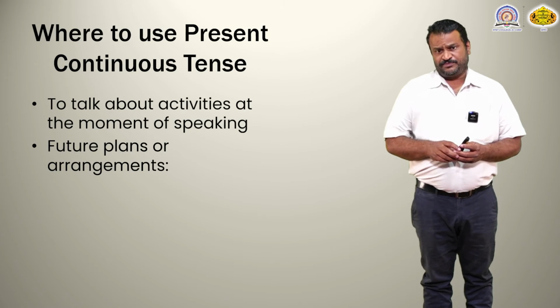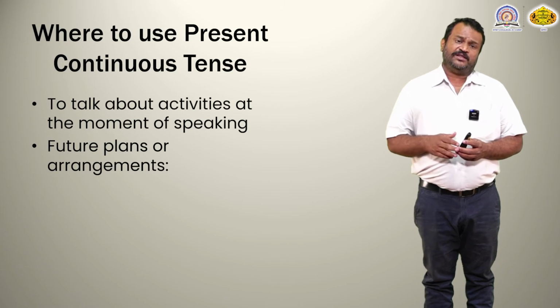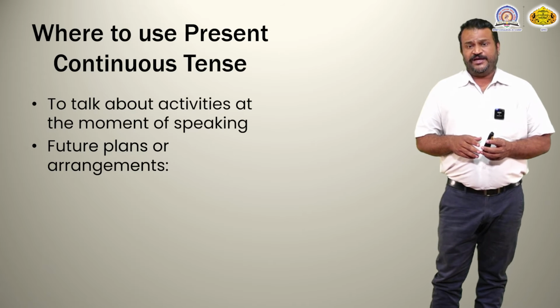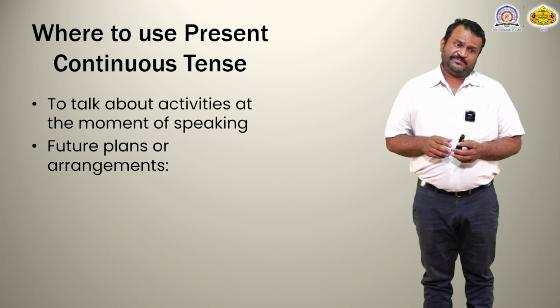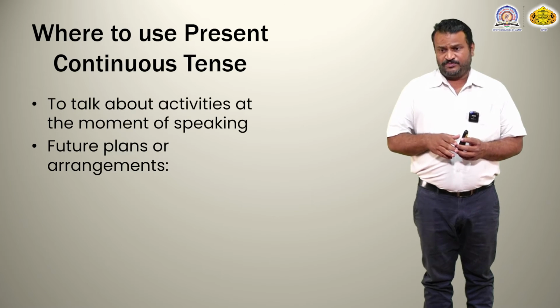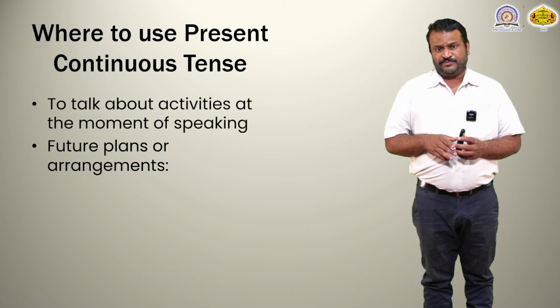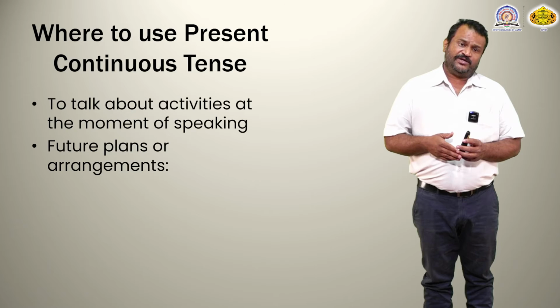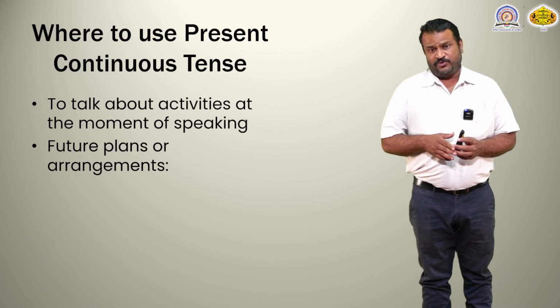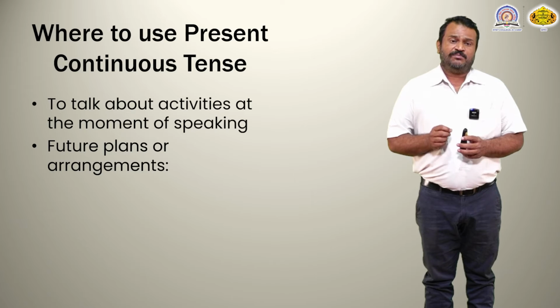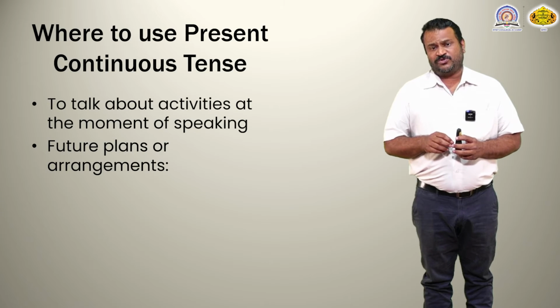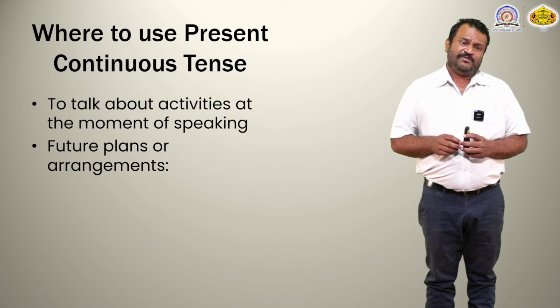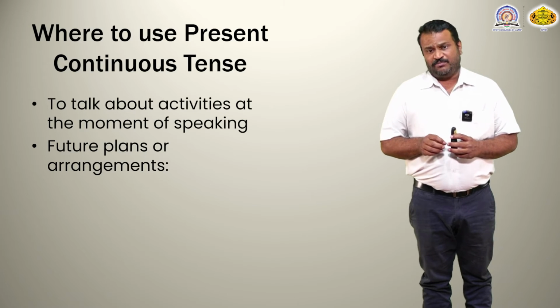For example, whatever is happening around us at the time of speaking should always be expressed in present continuous tense. Whatever is happening around you. When you want to express what is happening around you, you should always use present continuous tense. For example, you are waiting at the bus stop, and you call your friend and tell, I am waiting at the bus stop.